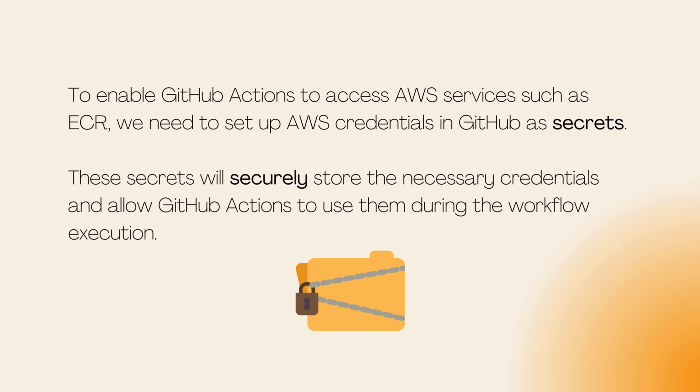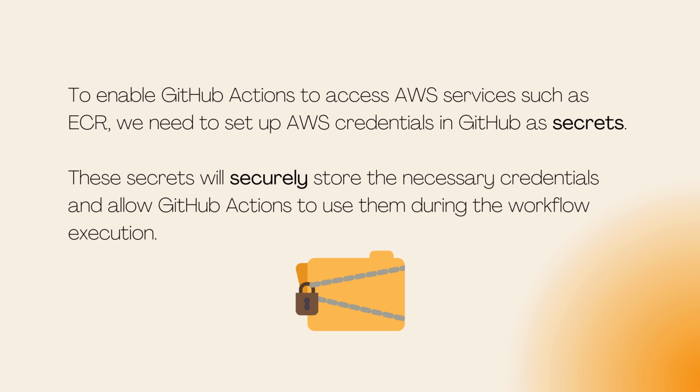All right, so next we'll proceed with configuring AWS credentials. So to be able to enable GitHub Actions to access AWS services such as ECR, we need to set up AWS credentials in GitHub as secrets.